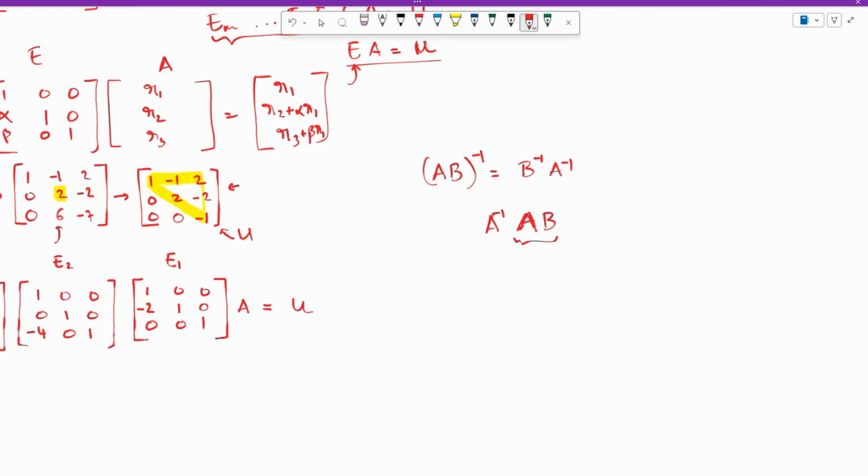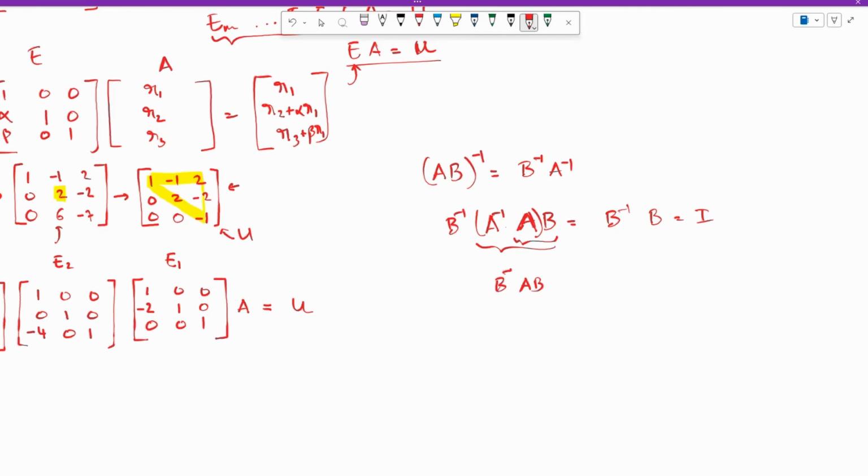I don't have, let's say, A and B separately. If I do this, these two will give me I. I'll get B, right? And if I multiply the whole thing by B inverse, I'll get B inverse.